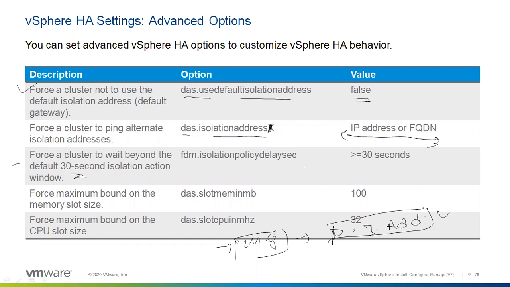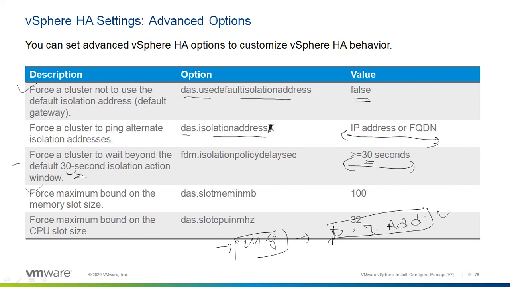You remember yesterday I told you the host will go away from the network, host in power on state, but my master host is not able to communicate with slave, and my subordinate host or slave host is not able to connect with the gateway. So it will wait by default 30 seconds and declare that host as an isolated host and power off and restart the VMs on another host. If we want to increase this value more than 30 seconds, we can do that.